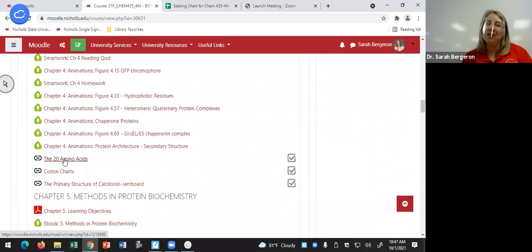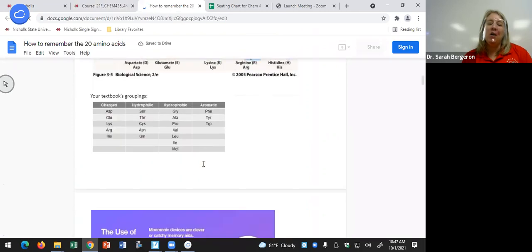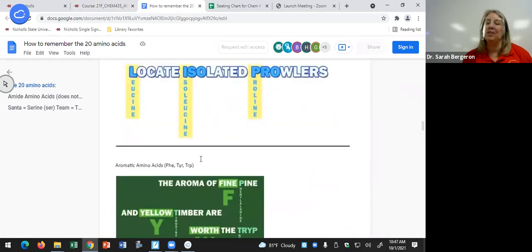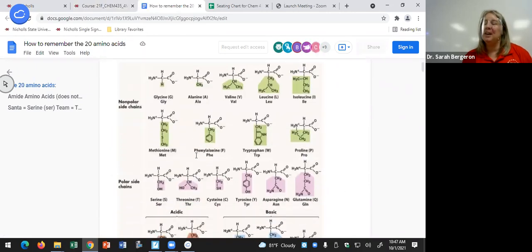On this same file, there are a couple of different ways to memorize them. If you are going pre-med, you need to know your amino acids inside and out, left and right. I can't say that enough. There are a couple of free flashcard apps that show you the structure, and then you say the name. You need to get to know them very well.